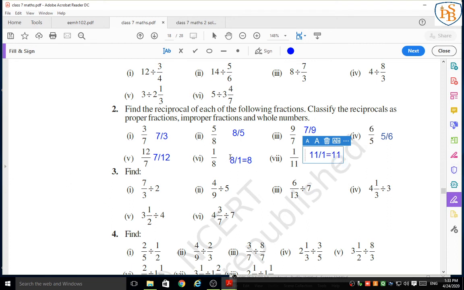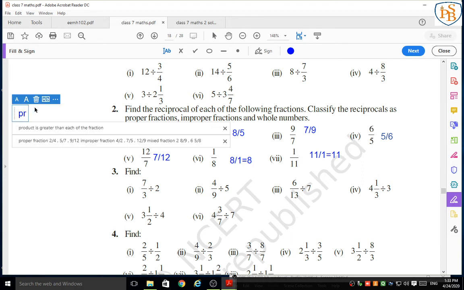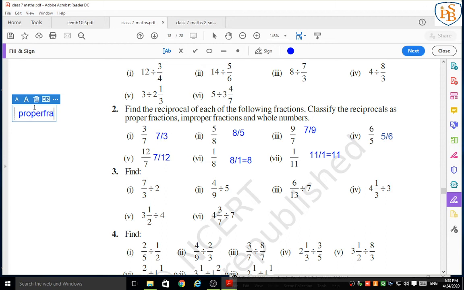Now we have to classify those reciprocals into proper fraction, improper fraction and whole numbers. Already we have solved that when we are going to find out a proper fraction, always its numerator is smaller.